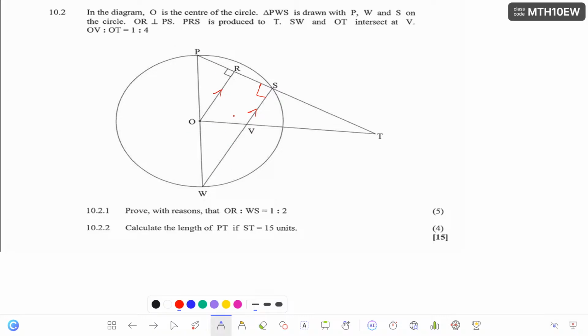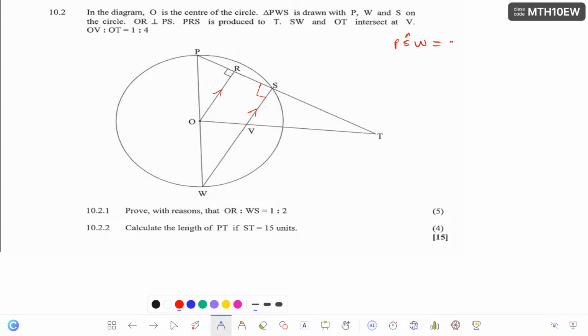So now they want us to prove that OR and WS are in a 1 to 2 ratio. So what I was explaining, we need to say angle PSW is equal to what?